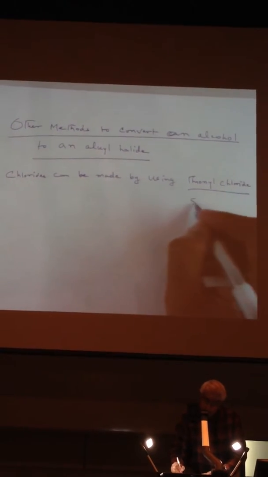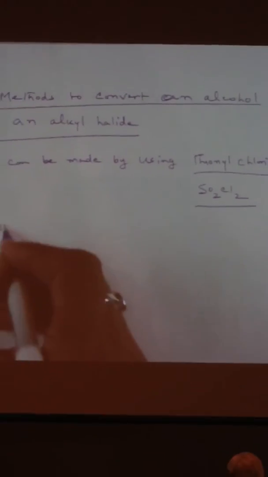thionyl chloride, SOCl2. And an advantage of this reagent is that it does not follow the typical SN1 or SN2 pattern. What it does is, let's say you have an ROH.